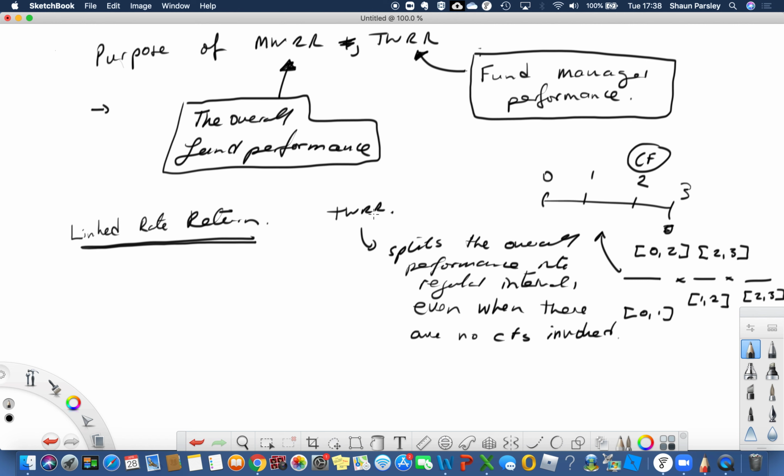I've never been a massive fan of linked rate of return, and I didn't go overboard on that in the teaching either. So focus on the money weighted rate of return and time weighted rate of return. I'll put some questions up for you later today as well. I hope that helped and clarified from the lectures.